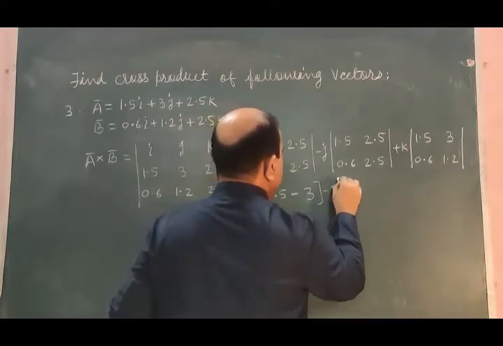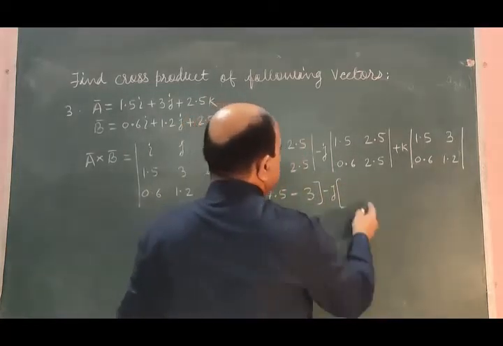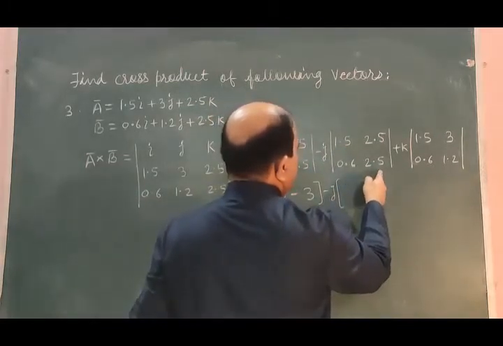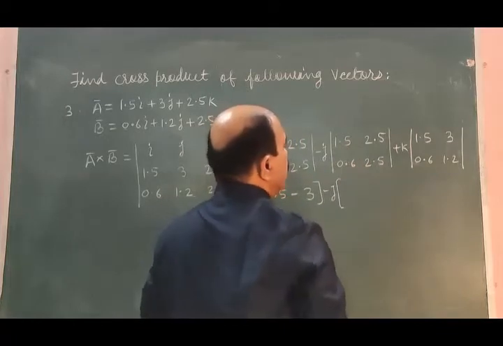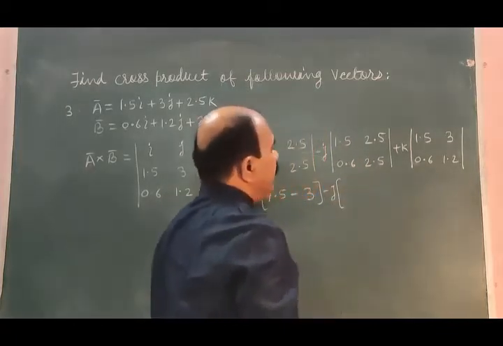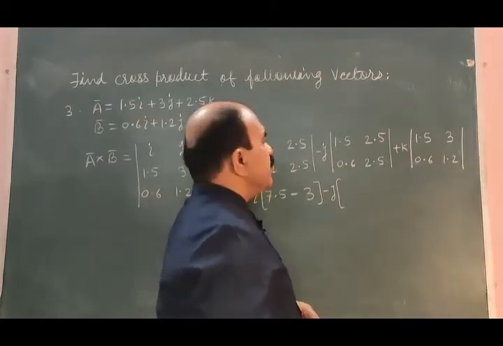Minus j into this, 25 10s are 250 and 25 5s are 125.